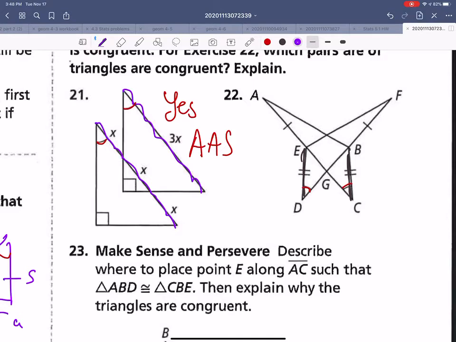If I actually look at these triangles, right, those are actually congruent because of the vertical angles. So I actually know that this triangle, the orange one, is congruent to that one because of angle, angle, side, angle, angle, side. And now that I know that, I actually know that their corresponding sides are congruent.